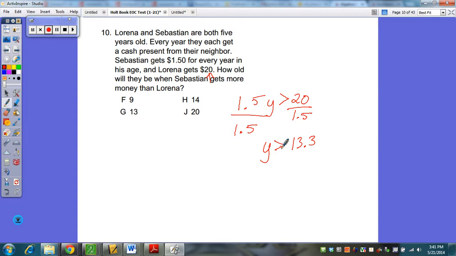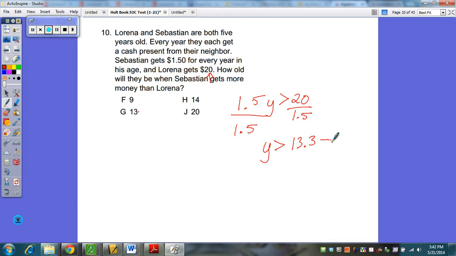Now you have to be careful because it says Sebastian has to be greater than 13.3 years old. Not greater than 13 because we still have this 0.3 right here, but greater than 13.3 years old.